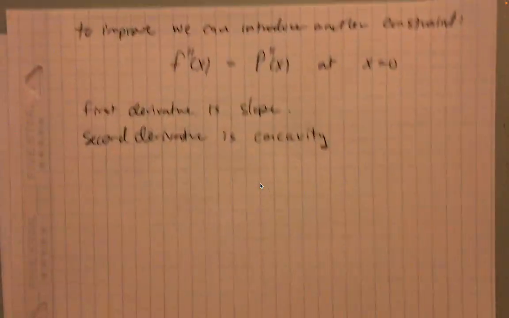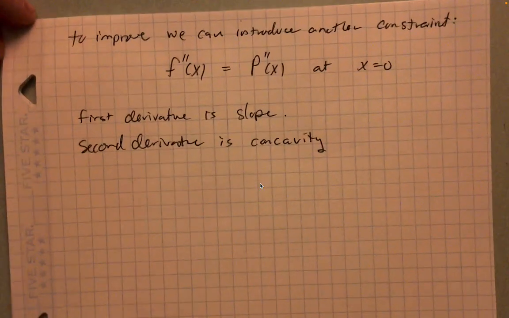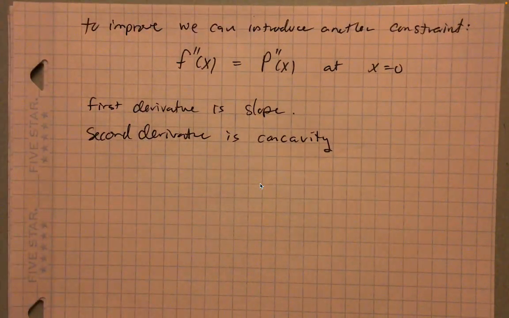And so when we introduce the idea of the second derivatives being in alignment at the center value, then you're saying I want the curvature of P to be in the same direction as the curvature of f. Okay, and so that will obviously make our approximation better.